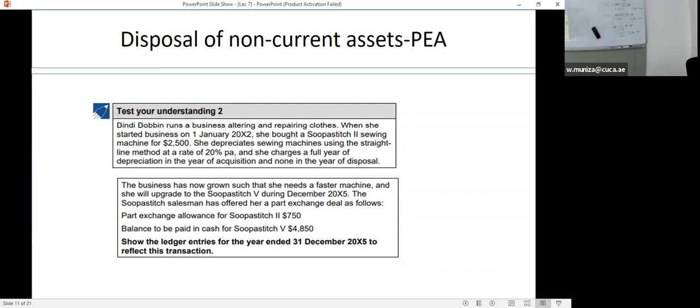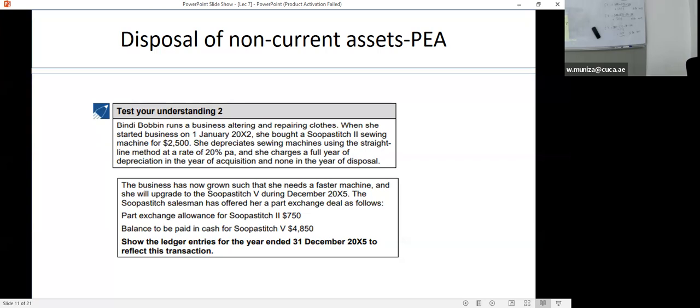Then 31st December 2004, debit depreciation expense account, credit accumulated depreciation account. How much amount? 500. Is it? Did you do the same thing?